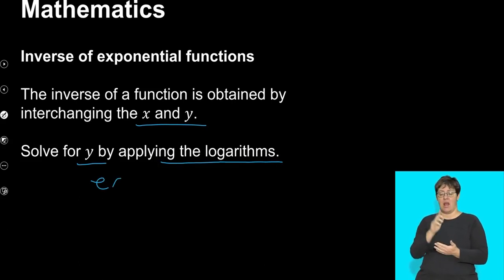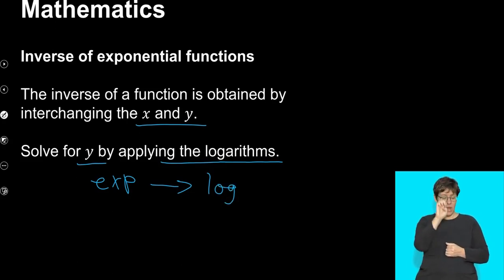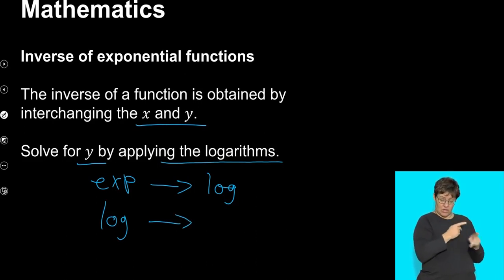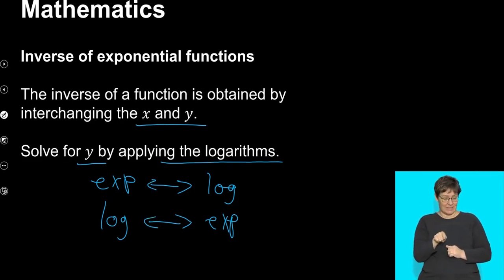So in simple terms, when I have an exponential function, its inverse will be a log. And when I have a logarithmic function, the inverse will be the exponential function. You see, so that's what we need to look at in terms of these particular graphs. An exponential graph gives you a log graph. A log graph gives you an exponential graph.